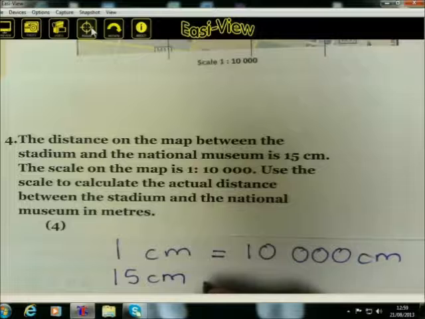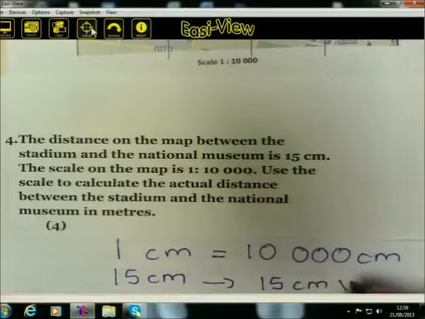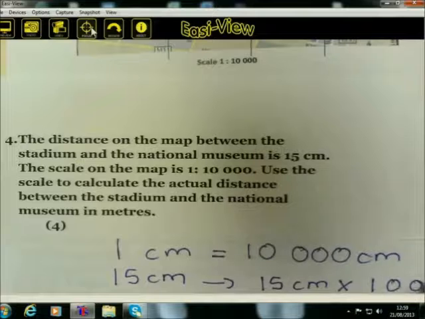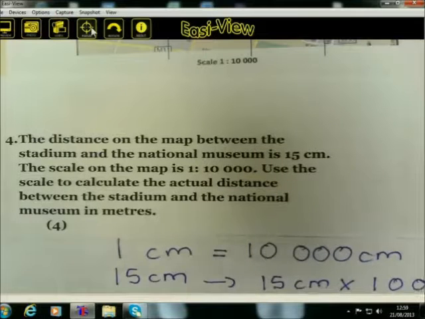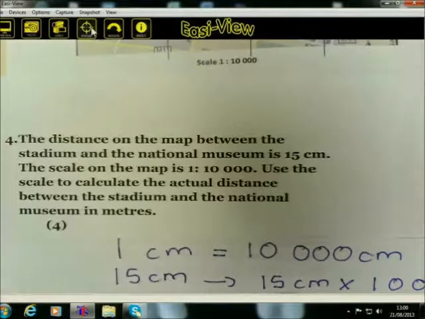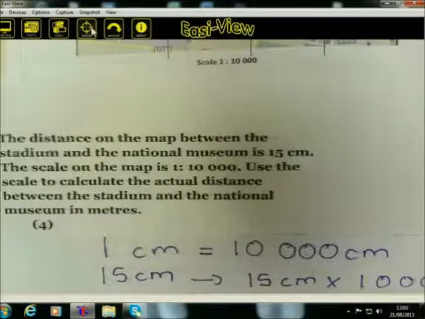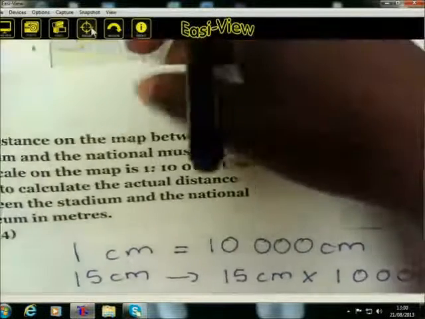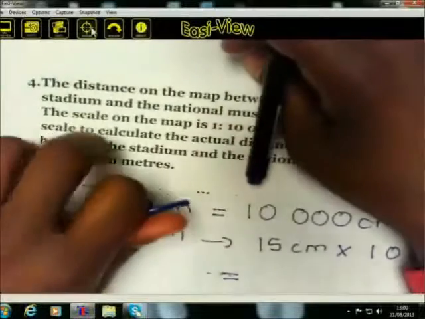So this means that 15 centimeters, we are going to multiply by 10,000 centimeters to get the actual distance on the ground. Because it is 15 on the map, we are looking for the actual distance now on the ground. So it is 15 multiplied by 10,000. Grade 12s, I don't really think we need a calculator to multiply this one. What is your answer?